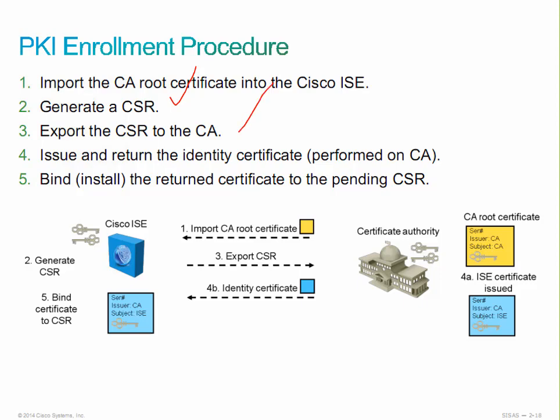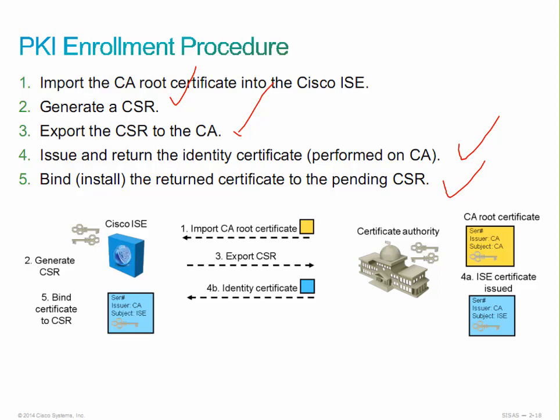Export the CSR to the CA, issue and return the identity certificate, which is performed on the CA itself. So they're going to issue and sign and then return the certificate, and then we need to bind or install that certificate based on the pending CSR that we had in the system itself. Pretty straightforward process, not too complicated.